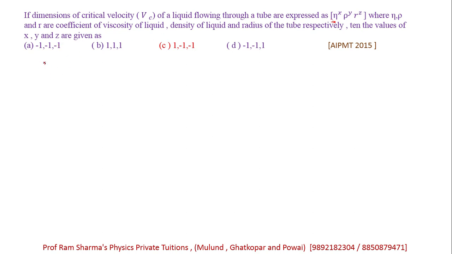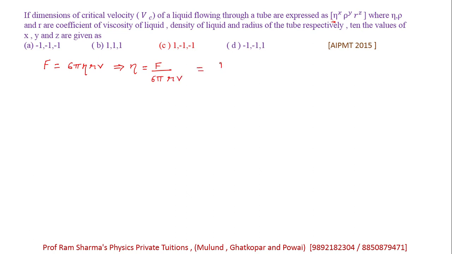There is a formula in friction, in liquids. In fact, the viscous force on a spherical ball passing through a medium is given by the formula F is equal to 6 pi eta r v. And from this we can get the dimension of eta first. Eta will be equal to F upon 6 pi r v.